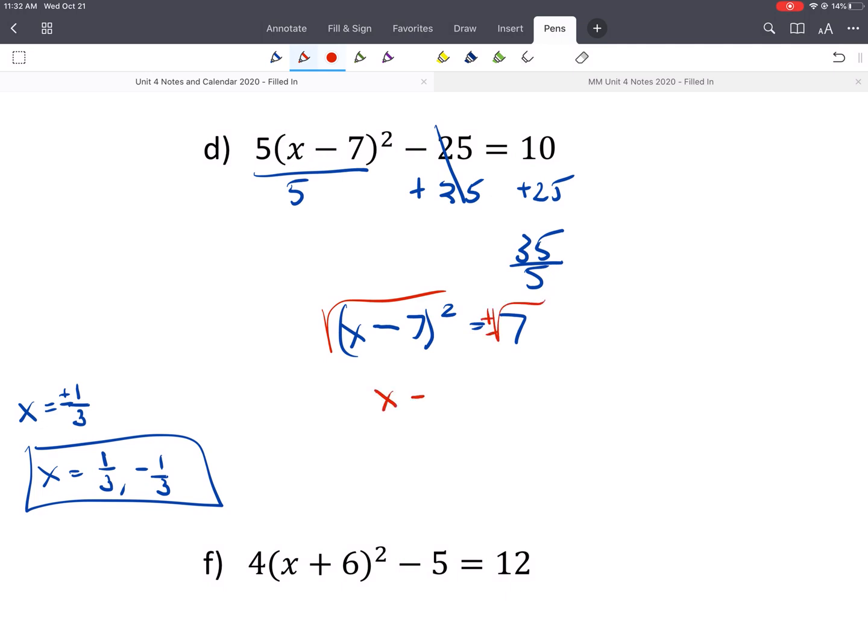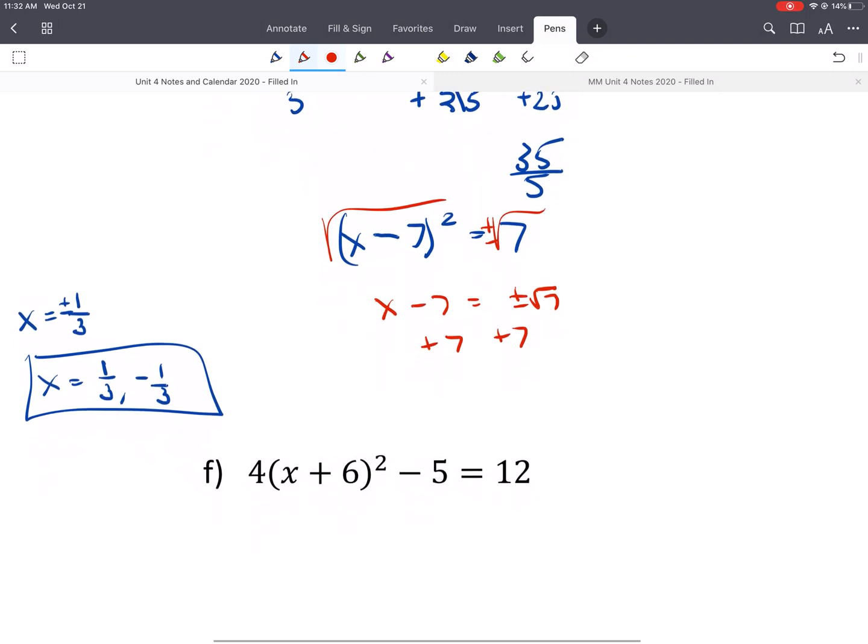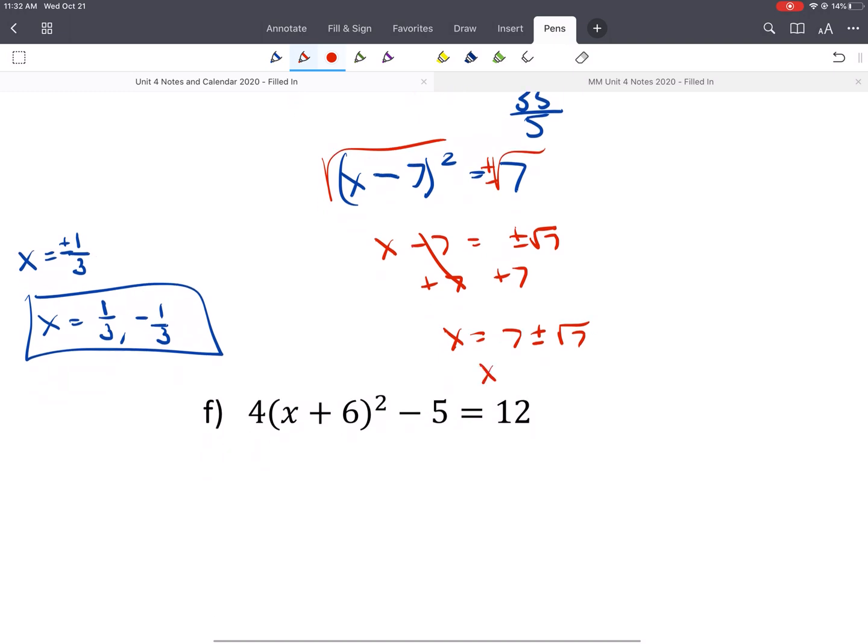So we get x minus 7 is equal to plus or minus square root of 7. And then we'll add 7 to both sides. So x is equal to 7 plus or minus the square root of 7, or x is equal to 7 plus square root of 7, or 7 minus the square root of 7.